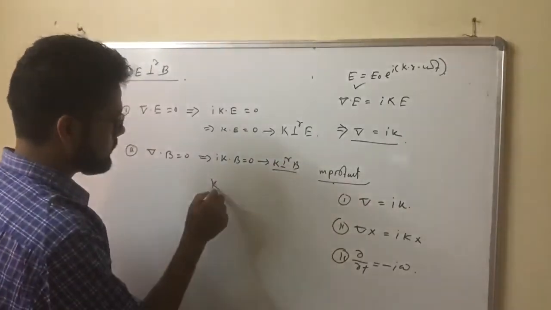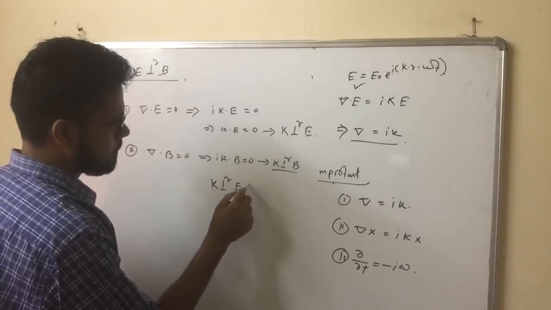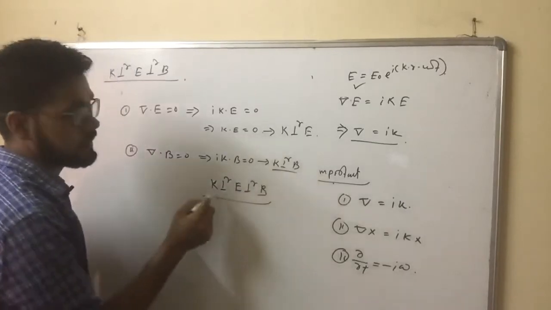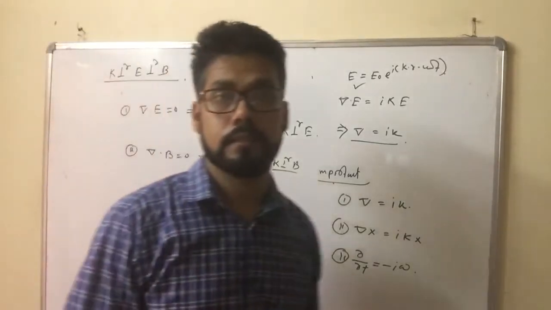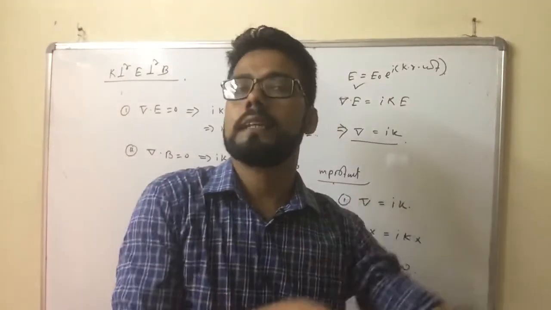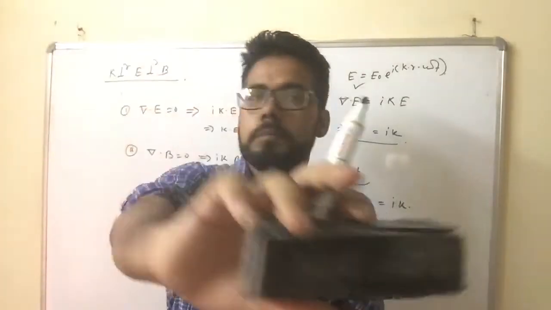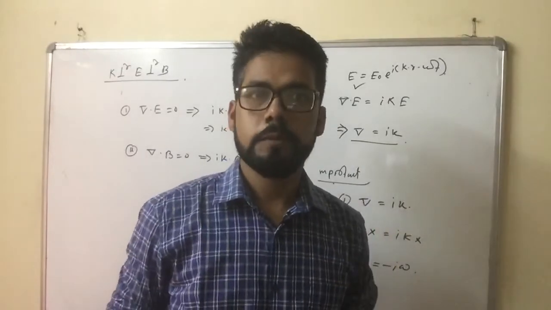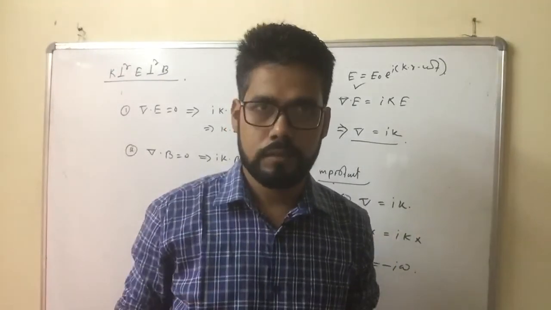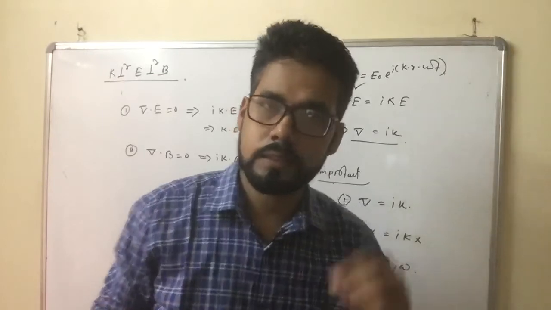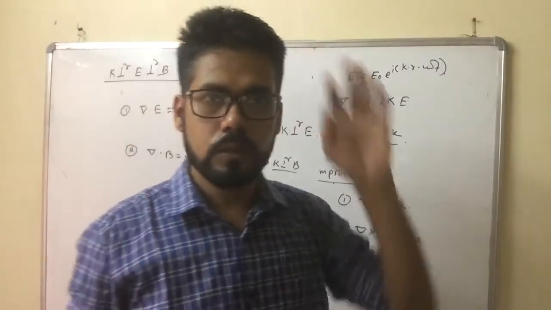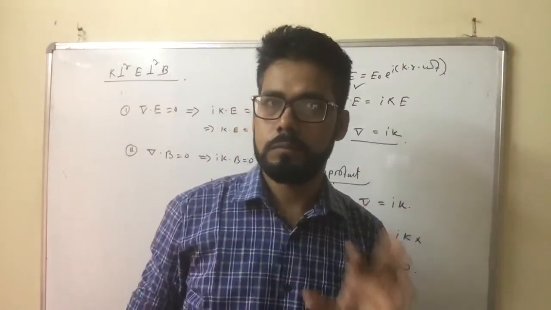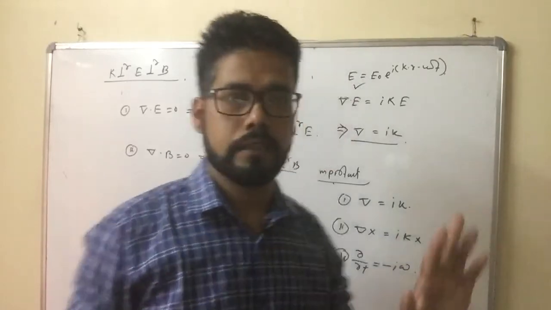That means k is perpendicular to E, perpendicular to B. This is the concept you have to gain. Otherwise, in the NET GATE exam, if you see the question paper, understanding the question is very difficult. Once you understand, the answer is very short, and all the hints of the answer are already given in the question. So you have to understand the question in a very efficient manner.